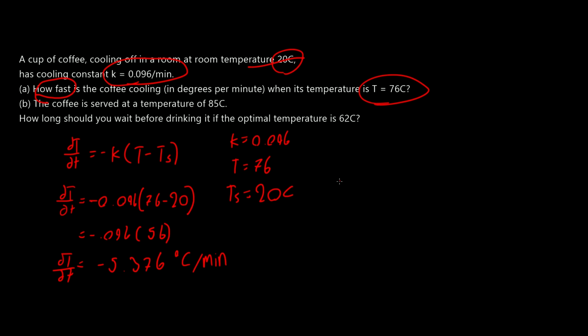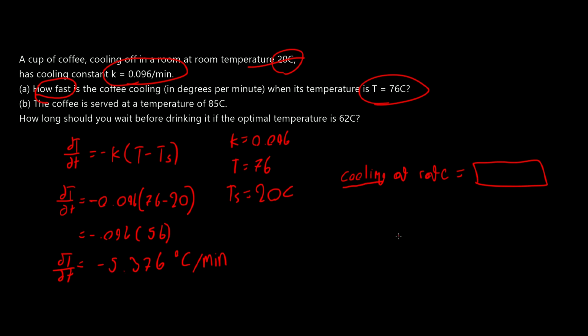So now we have to be a little careful. Let's say that the question or the prompt was worded in such a way like this. Let's say it was asking, it is cooling at a rate of blank. So our answer is negative 5. But since we already acknowledged that it is cooling, there is no need to add the negative.